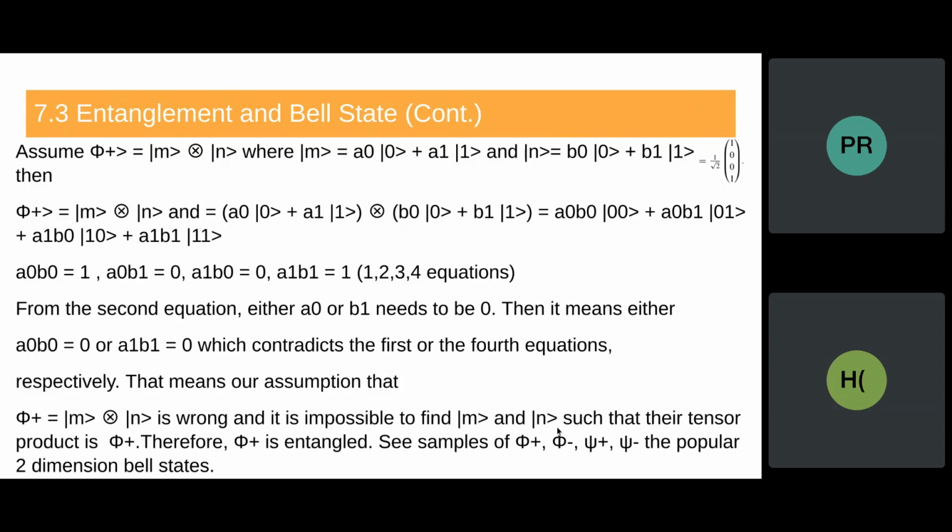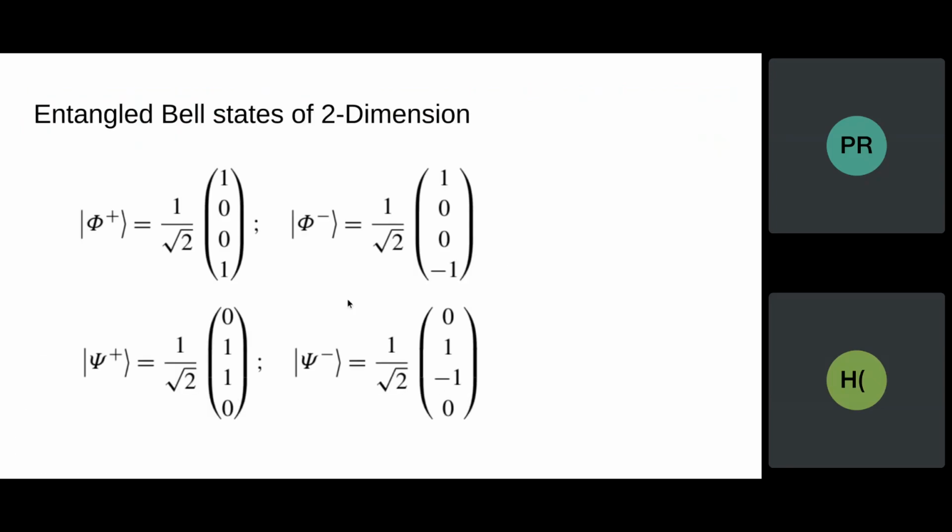And specifically, there are four vectors which are representing a two-dimensional entangled state. So here they are: 1 0 0 1 with 1 by root 2, this equation. In the same way phi minus, psi plus, psi minus. These are very standard Bell states. They are called entangled Bell states in two dimensions.